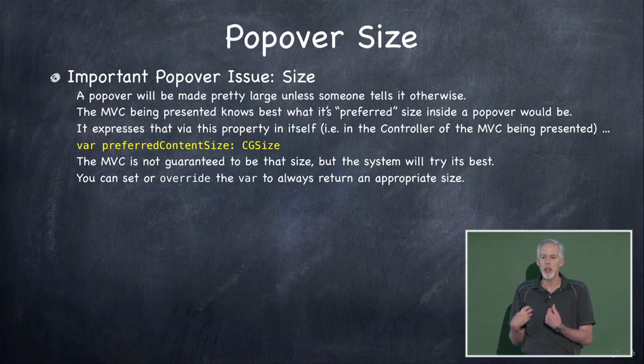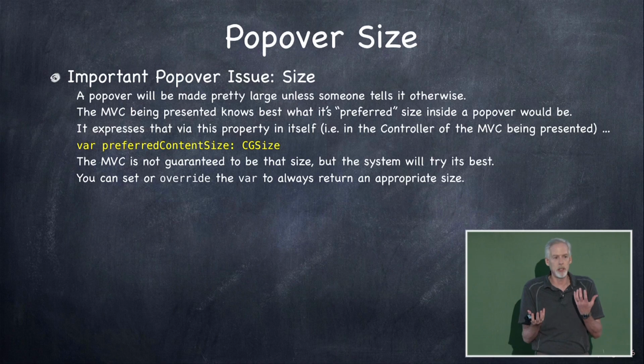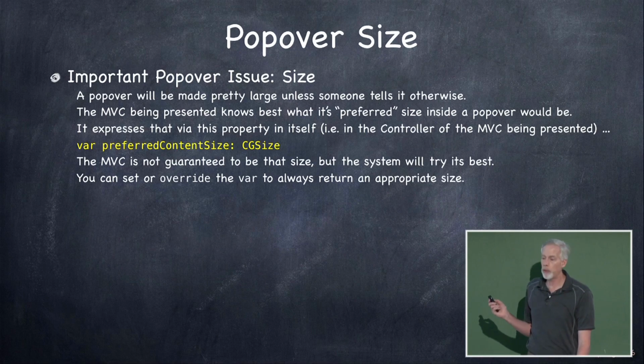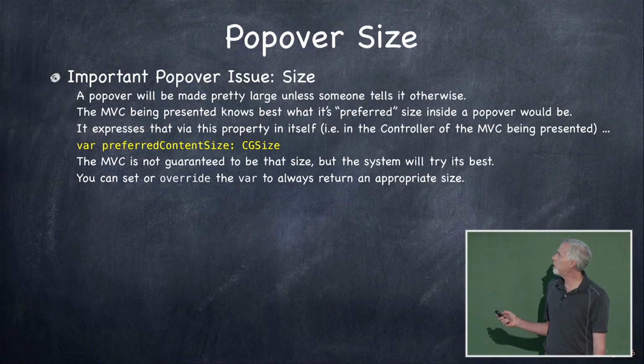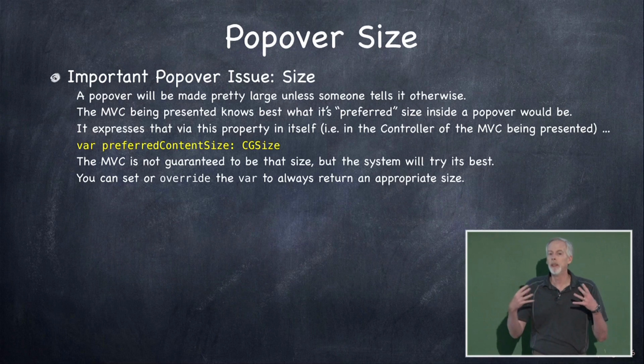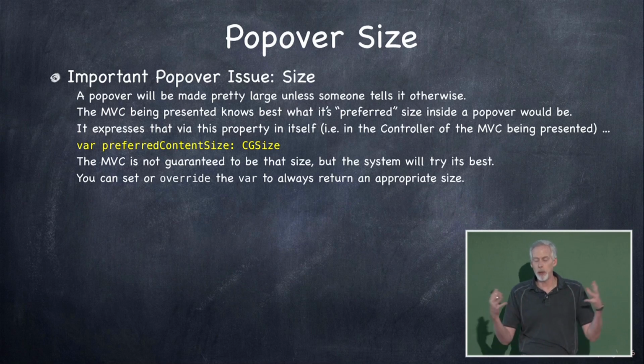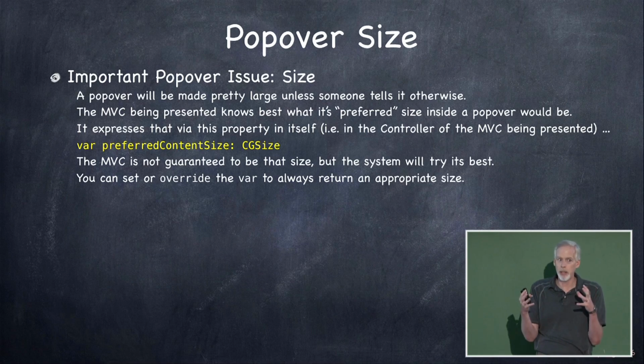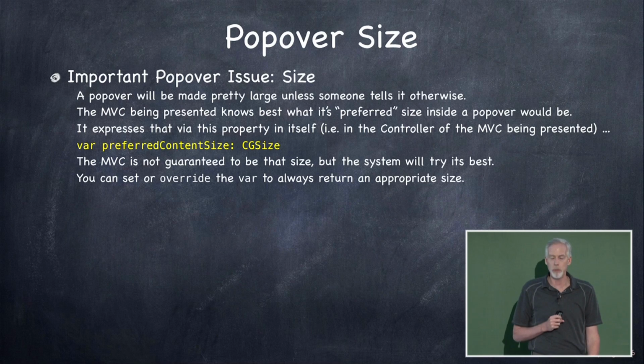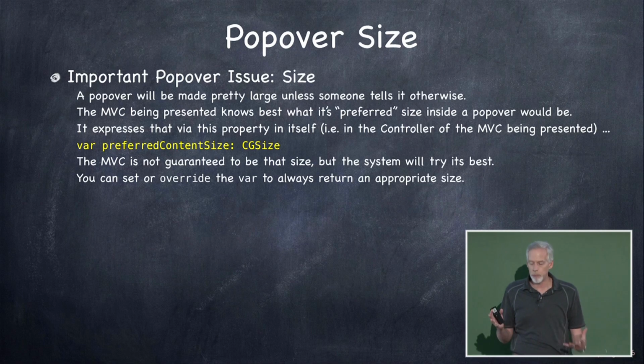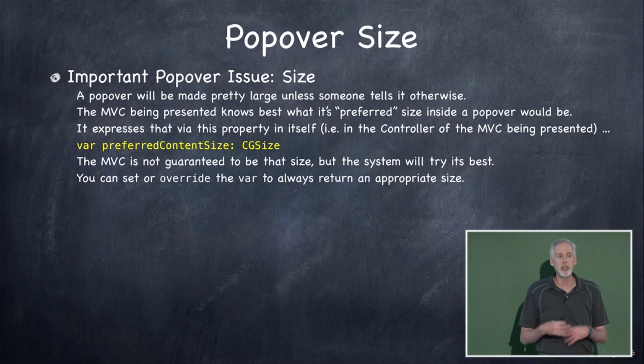The MVC can set its own preferred content size to something reasonable, or you could even override it and have it return its preferred size. It's called preferred because the system will try to fit it on screen, but if, for example, it's horizontally compact and adaptation is turned off, then it might have to jam it in there and make it a little smaller than preferred. So this is not guaranteed to be the size. It's the preferred size.